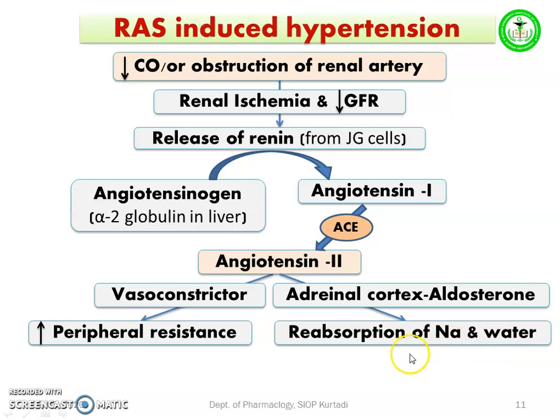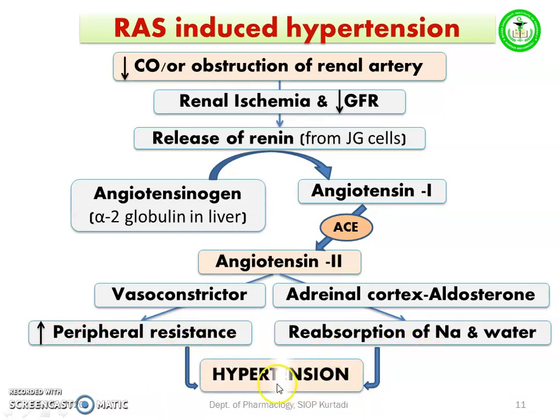So we can say that due to release of aldosterone, there is maximum reabsorption of water, thus there is increased volume of water in the blood, thus overall increase in the blood volume and cardiac output. So finally, increased peripheral resistance and more water level and cardiac output induce the hypertension.